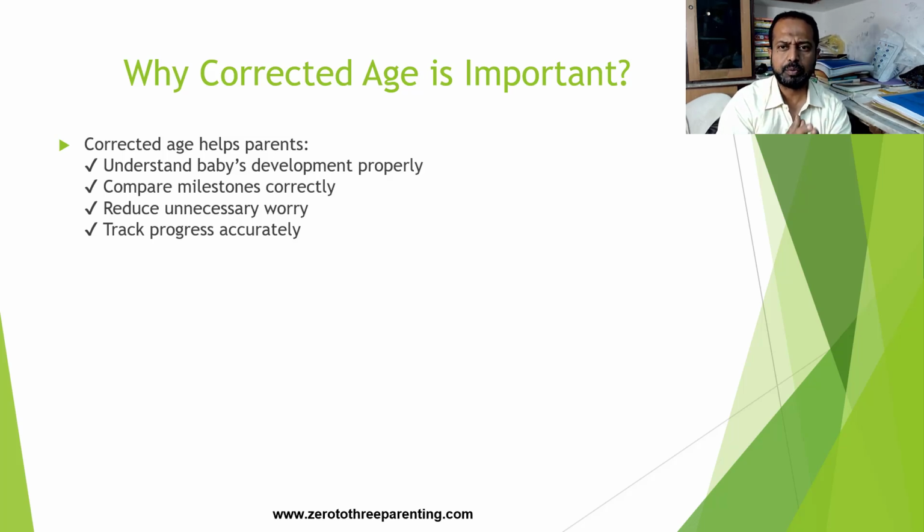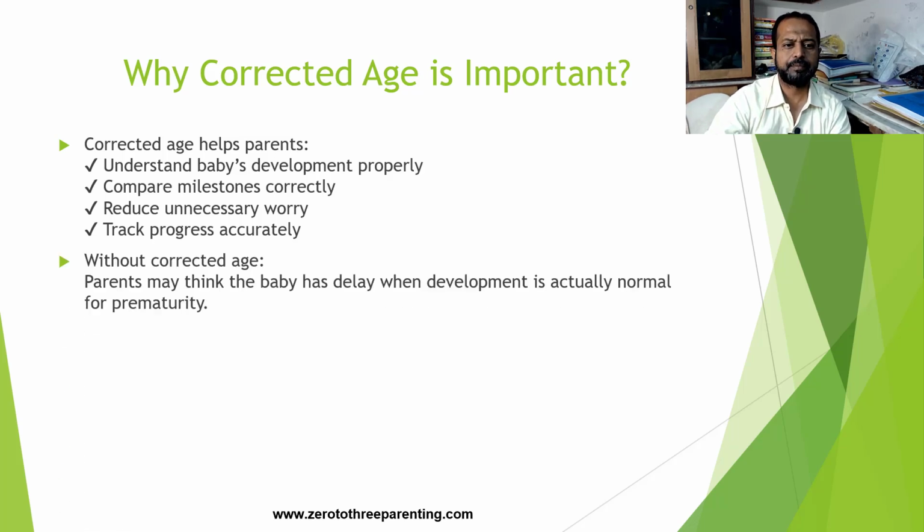It helps to track the progress of your preterm babies. Without corrected age, as I discussed previously, if you compare with normal age children, most preterm babies are going to be delayed.